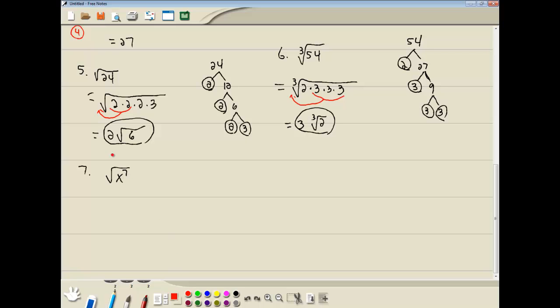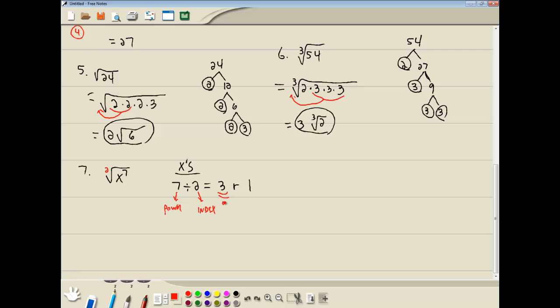Well, if we were to look at our index, square root, your index is 2. It's by default there. You don't actually see it. To figure out how many x's is going to come out, we'll use the shortcut. Though this one's probably small enough you could actually just do it. With our shortcut, remember, we take our power, divide by our index, and this is old style division. So we got 3 with a remainder of 1. Don't want any decimals. Again, this is our power, and this is our index.